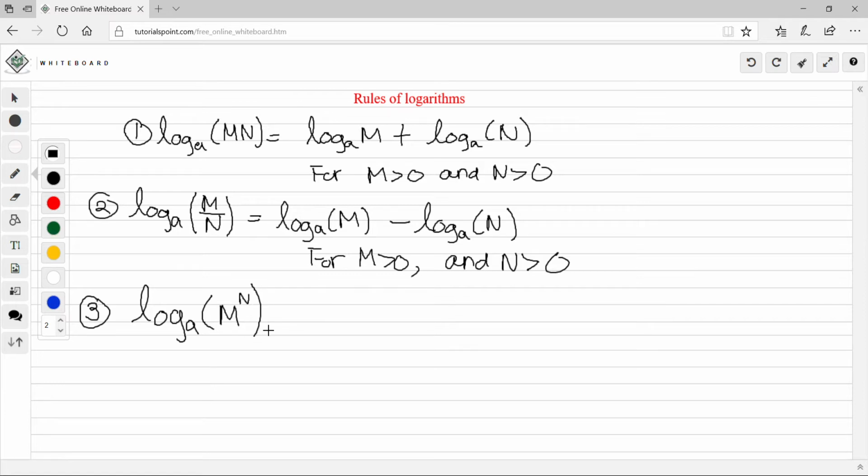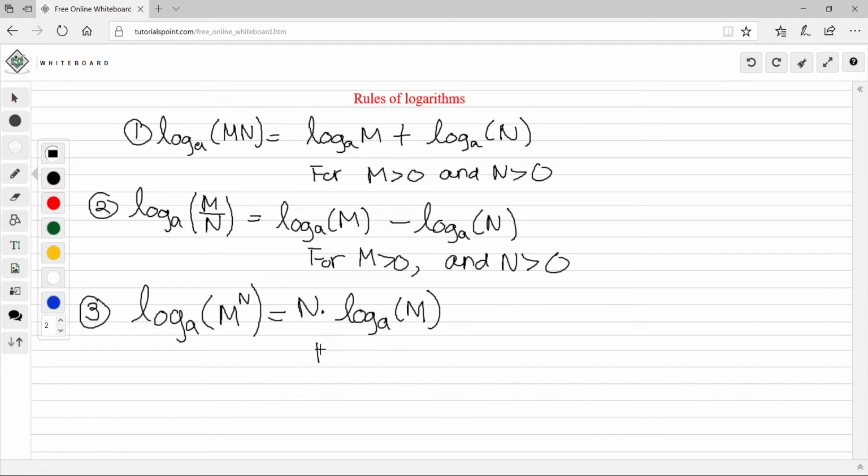So all you got to do whenever you have a power rule, you just bring the exponent in front. So it's n times log a m. So that's not too hard.